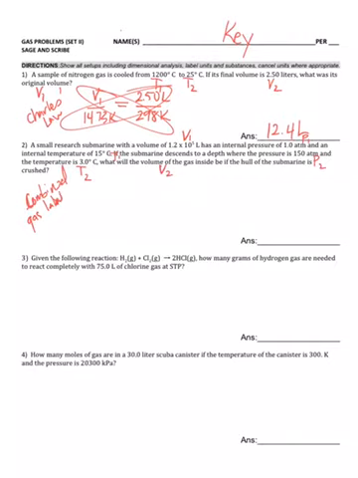So P1, as stated, is 1.0 atm. V1 is 1.2 times 10 to the fifth liters. T1 is 15 degrees Celsius, adding 273 to it is 288 Kelvin.